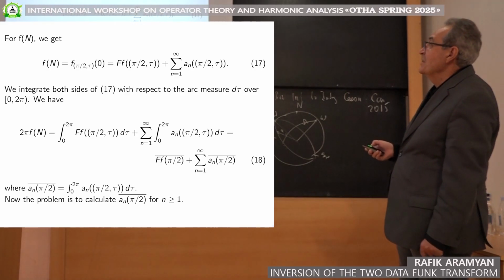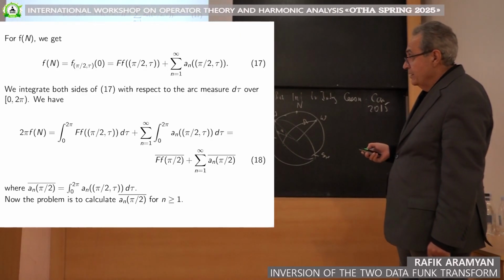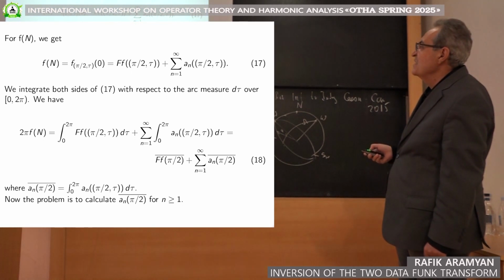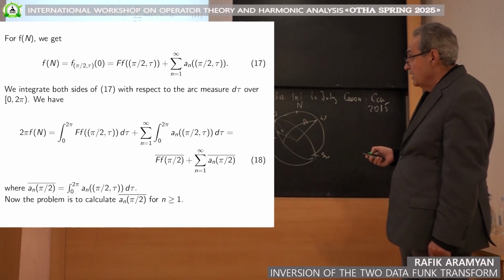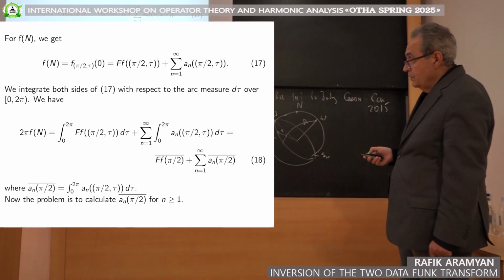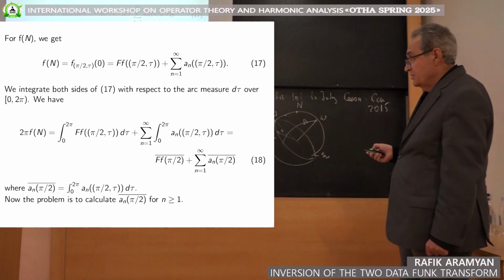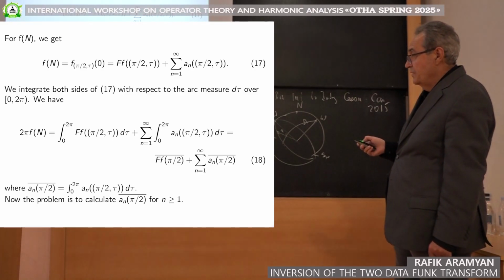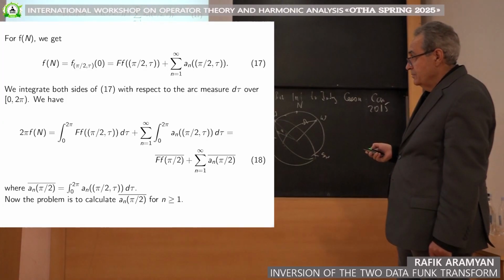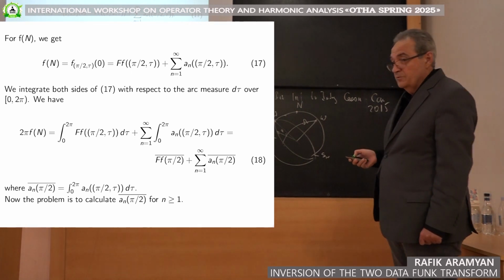One can integrate both sides of this expression with respect to the azimuthal angle, and finally we obtain the inversion formula for Fn, which is the sum of the following series. So to calculate Fn, we need to calculate all cosine coefficients of the Fourier expansion of the restriction and average them. So our aim is to calculate all cosine coefficients of the restrictions.